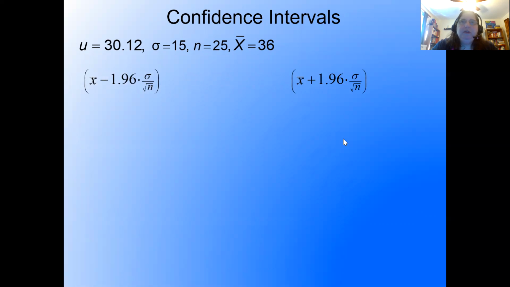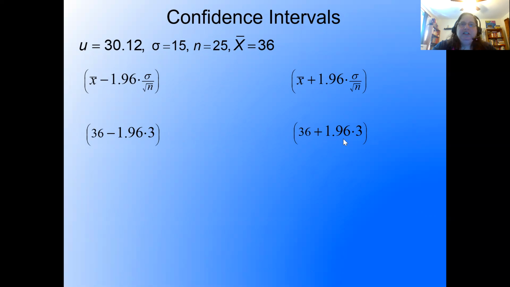Here's our formulas. Remember, we start with the square root of n. So we're starting with the square root of 25, which is 5. Then we're going to take sigma 15 over that 5, and we'll get 3. Okay.